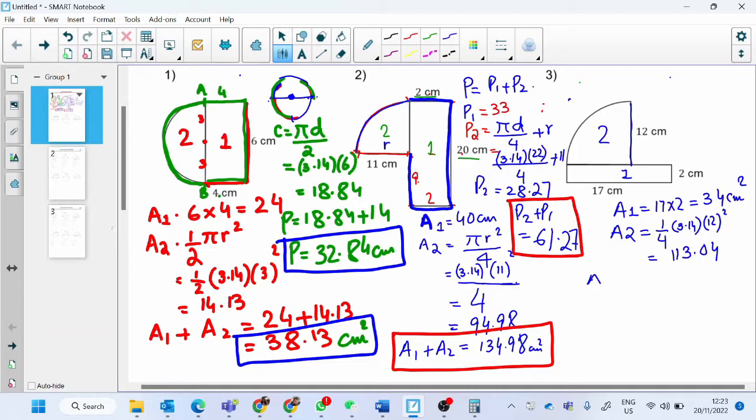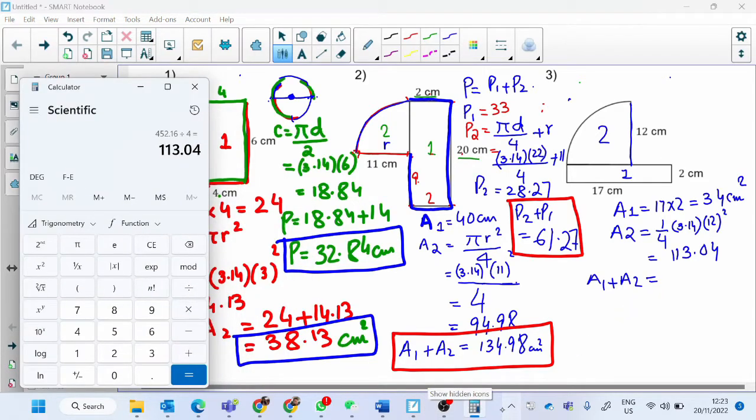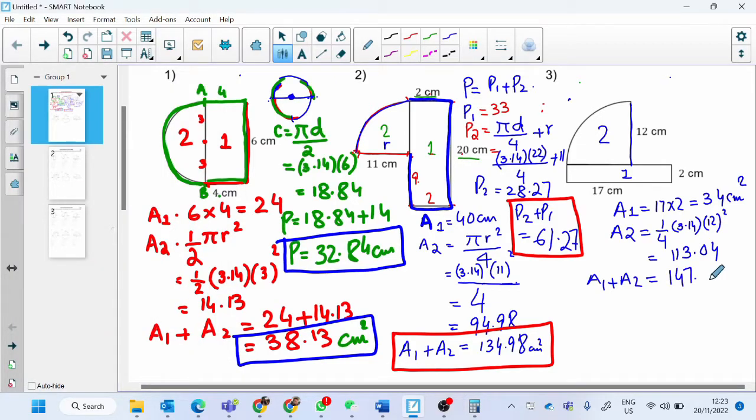So what we do is A1 plus A2 is the area of both the shapes, so 113.04 plus 34, and this should give us 147.04 centimeter square. So this should be pretty much our first question. And for perimeter, we have to find P1 plus P2, and P1 is the perimeter of the first shape.